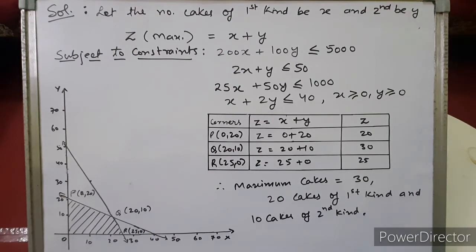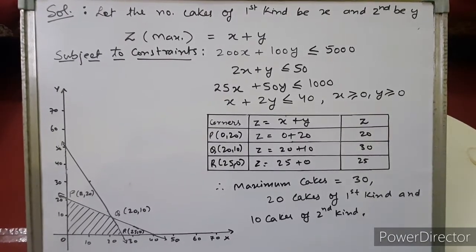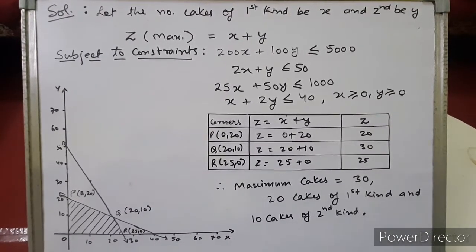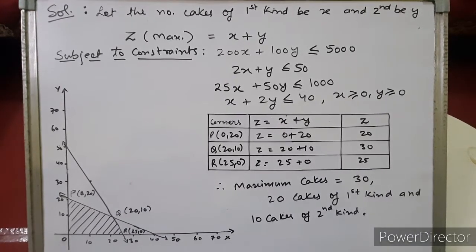Now let's see the constraints. In constraints it is given that 200 grams of flour is used for making first kind of cake, and then 100 grams of flour is used for making each cake of second kind. So total flour we are having is 5 kg, which is 5000 grams.